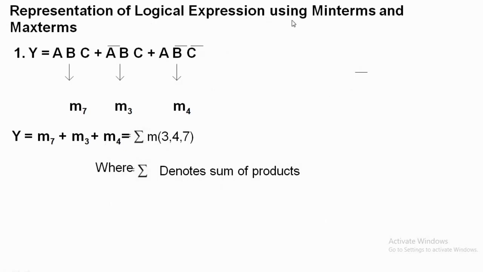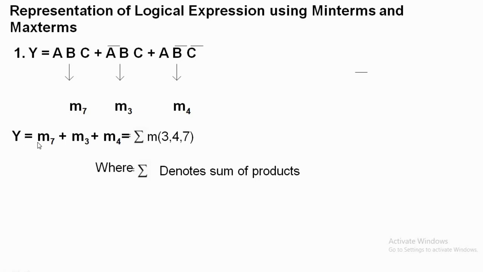Representation of logical expression using min terms and max terms. Now, we will see one example. Y is equal to ABC plus A bar BC plus A B bar C bar. So, from that 3 variable table, we can write the first term is m7, min term, second term is m3 and next term is m4.